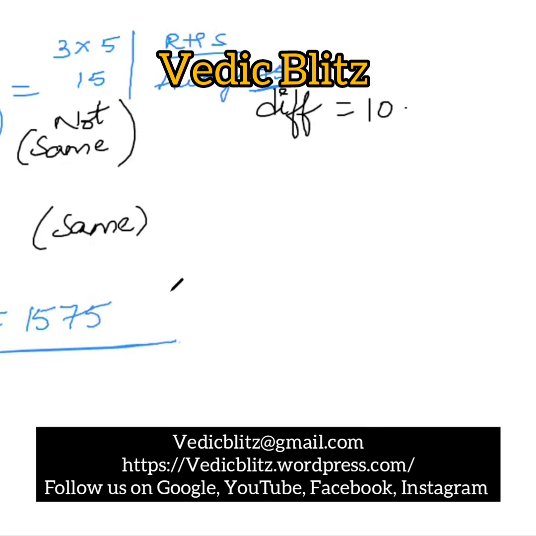Ma'am, why will the RHS always be 75? I'll explain it in another method again. I hope everyone knows the Vertically and Crosswise method, ma'am?